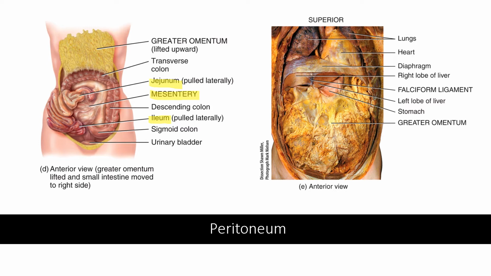So the mesentery is going to bind, or kind of connect, the jejunum and the ileum to the posterior abdominal wall.